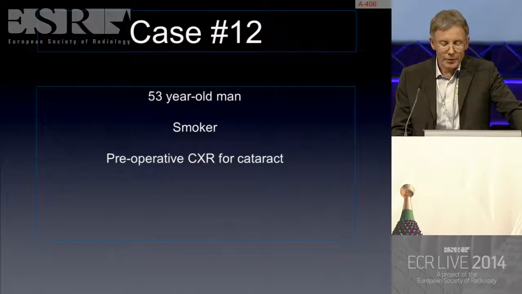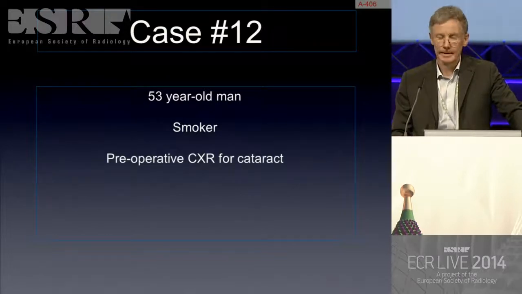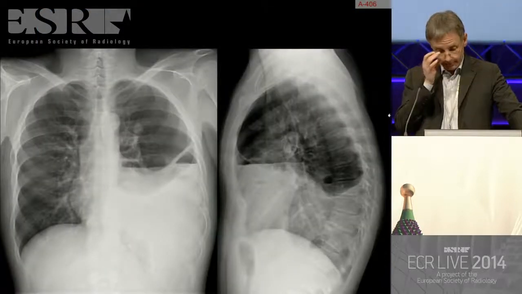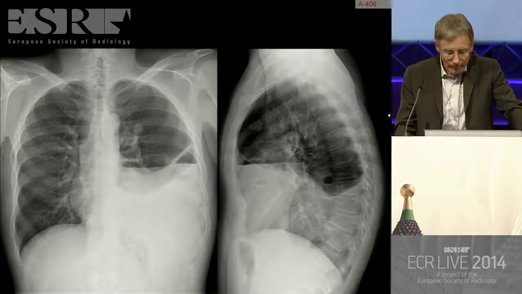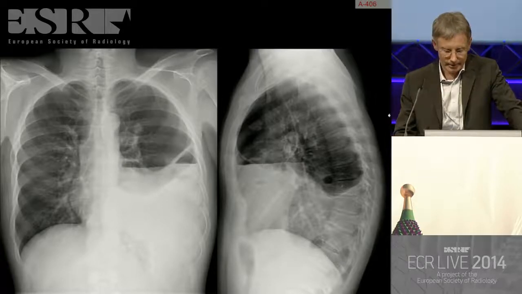Now we have a 53-year-old man who's a smoker, and this is a preoperative chest X-ray for a cataract. So we're talking about missed lesions in the chest. And I now hopefully think that you will have seen this. And where is it on the lateral view?